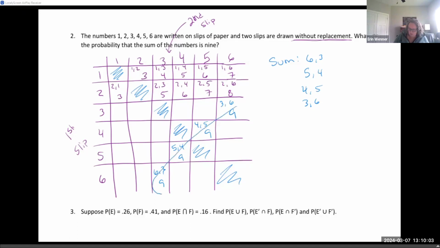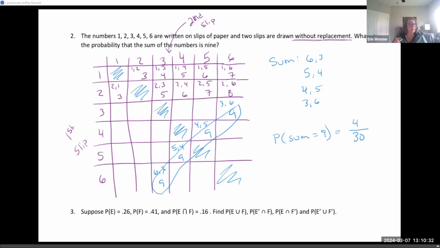So the probability that the sum is equal to 9 is going to be 4 out of, well, I know I didn't finish filling in the rest of this, but we've got a 6 by 6 grid, which gives us 36 total outcomes, but we've accounted for those 6 blue boxes that I've shaded out as not being possible. Therefore, we have 30 total possible sums.